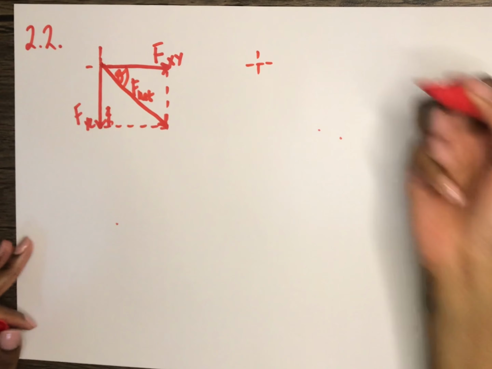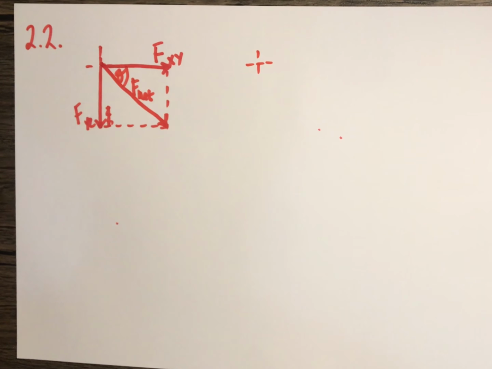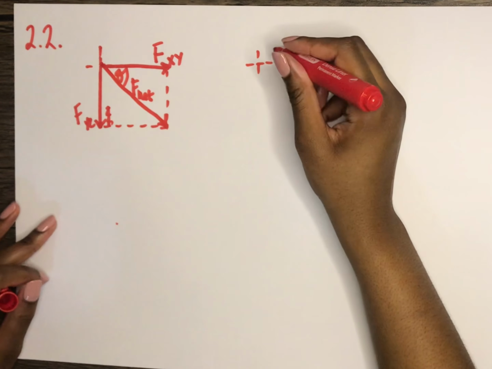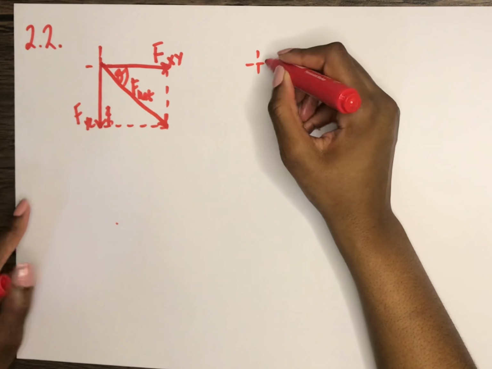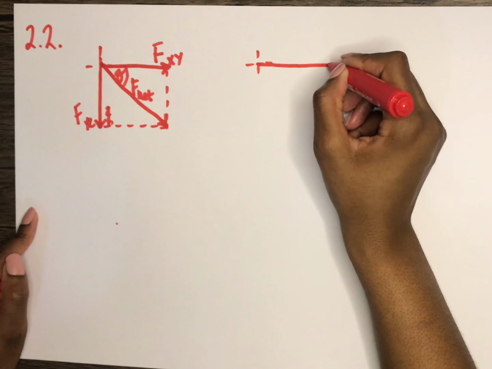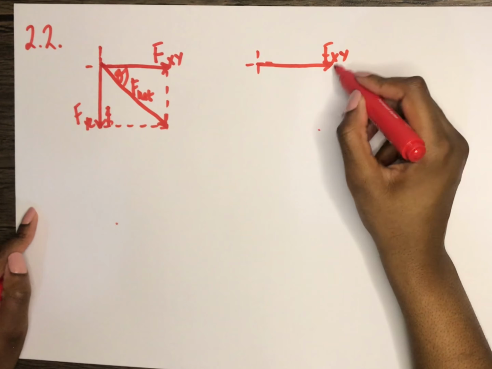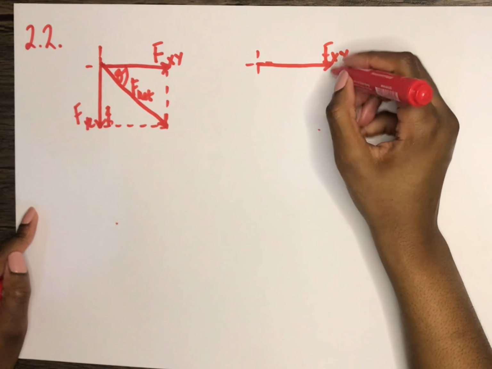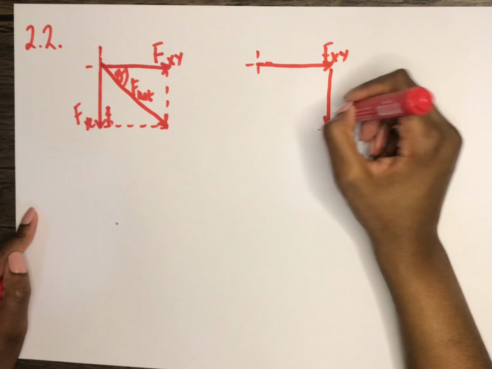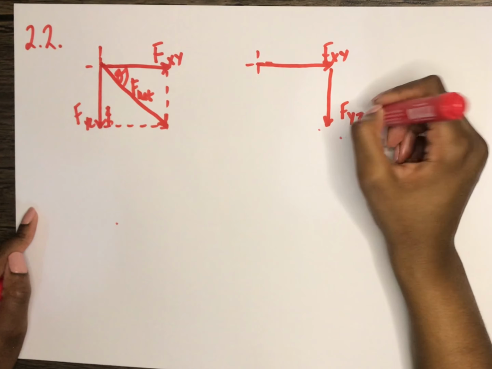You can use the tail to head method. Start from the origin, you draw your first vector. Let's draw the F_xy. And then from the head of the first vector, you draw your second vector, which is F_yz.